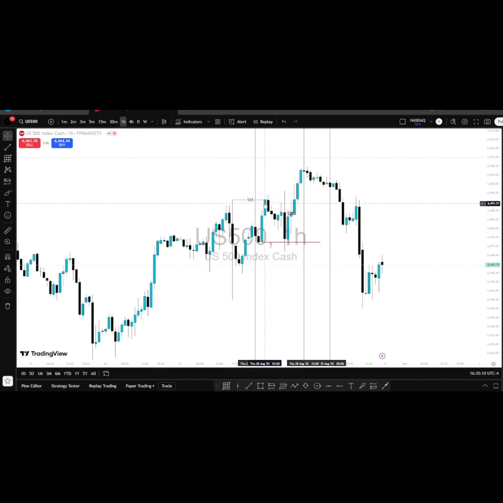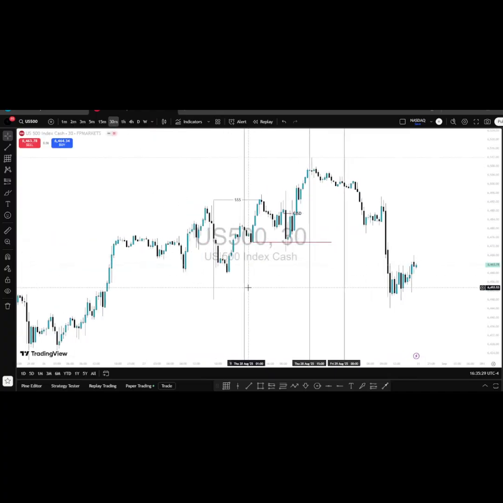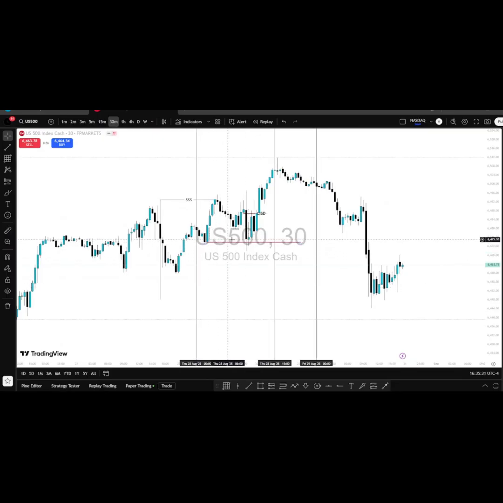You see, once we had this sweep of liquidity, this was my last up close candle. So I should have waited for this sweep so that I can confirm we are now in a reversal protocol. You can see that even on the 30-minute chart, we did not get that close.